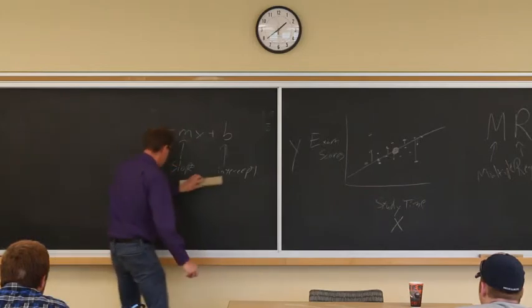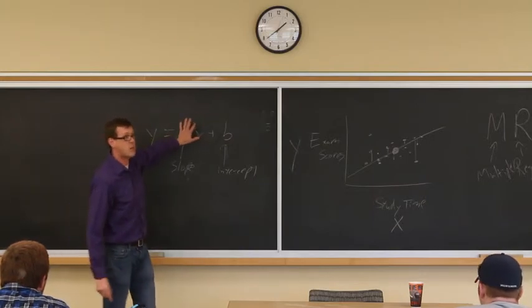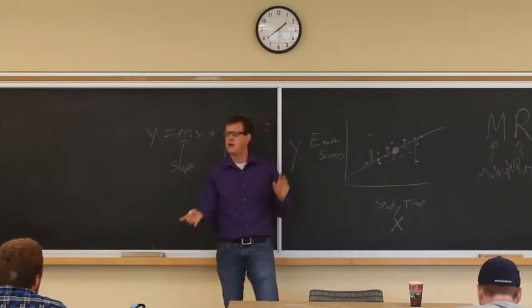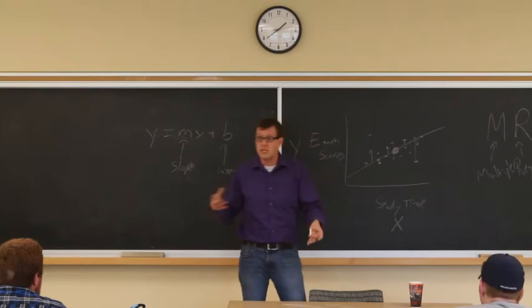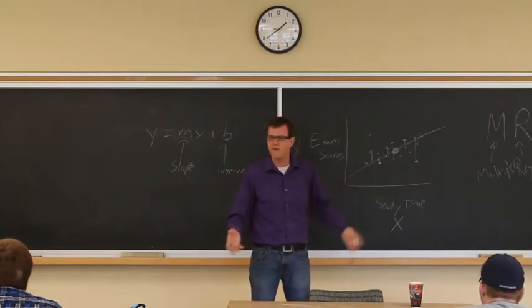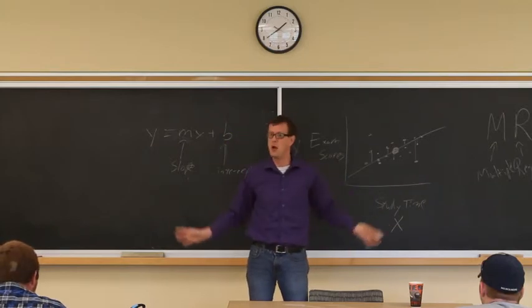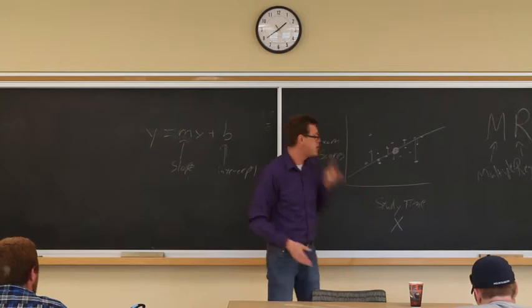If you see that, just remember that whatever you're multiplying x by is the slope. When I talk about the slope and intercept on a quiz or an exam, I won't say what's m or what's b. If I said what's b, you'd wonder whether that was the intercept or the slope. I don't want that confusion, so I'll just say the slope or the intercept.